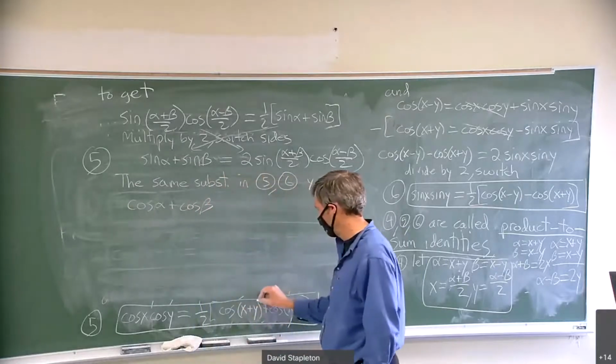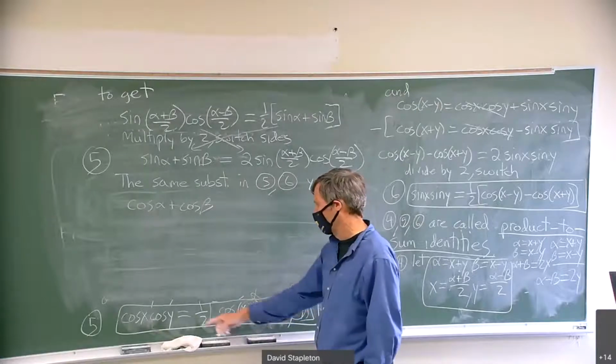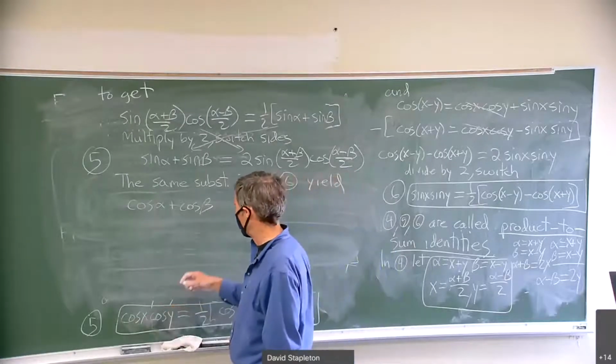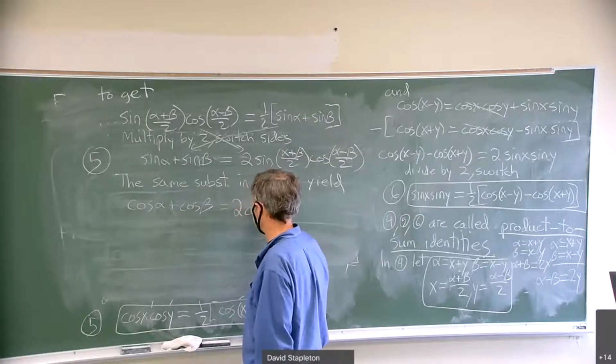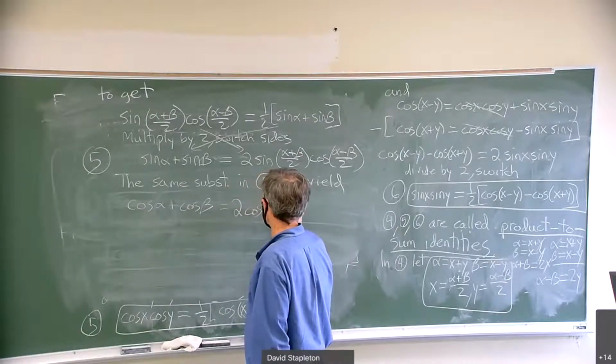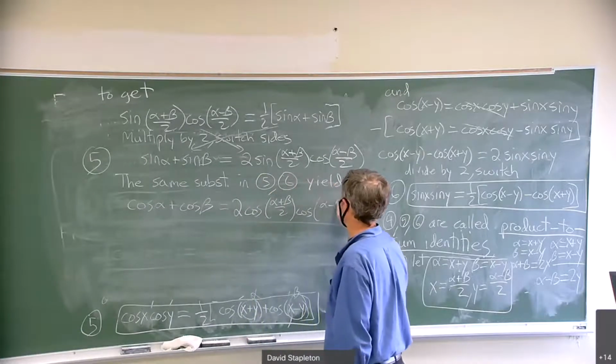I'm substituting this for alpha, this for beta, equals this side, and x is alpha plus beta over 2. And the whole thing's multiplied by 2. So you get twice cosine alpha plus beta over 2, cosine alpha minus beta over 2.